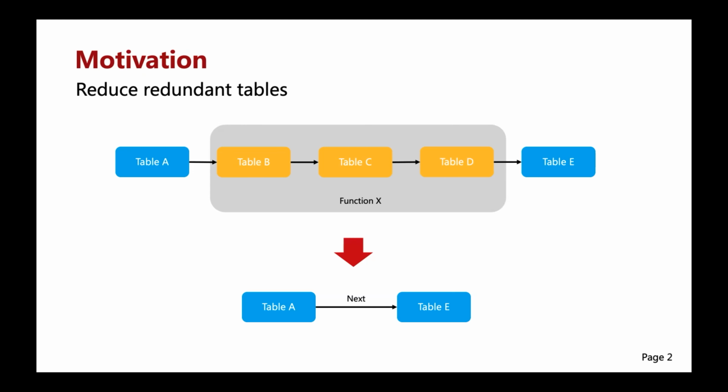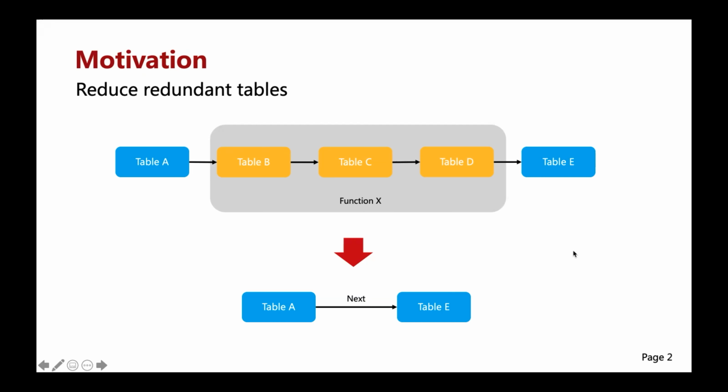With a flexible pipeline, if function X is not enabled, tables B, C, D will not be initialized. Only table A and table E will be initialized.